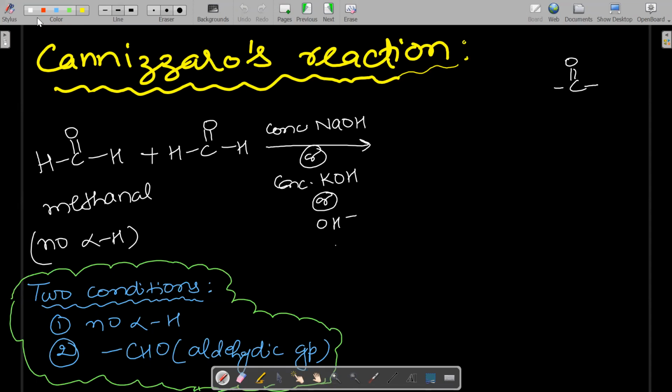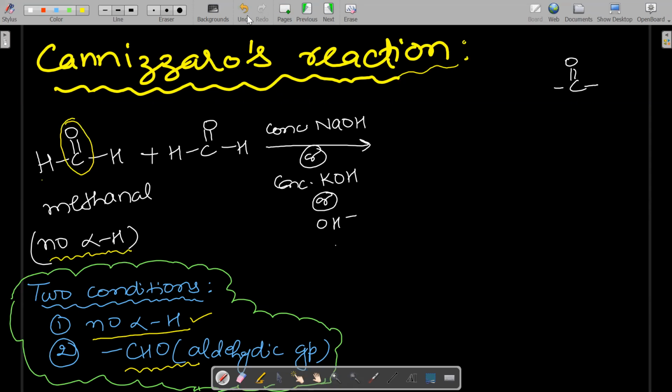I already told you about this CO group with no alpha carbon and no alpha hydrogen, so it will undergo Cannizzaro reaction. Cannizzaro reaction has two conditions. First, there should be no alpha hydrogen present, and second, the aldehyde group must be present. So no alpha hydrogen and a CHO group must be present.